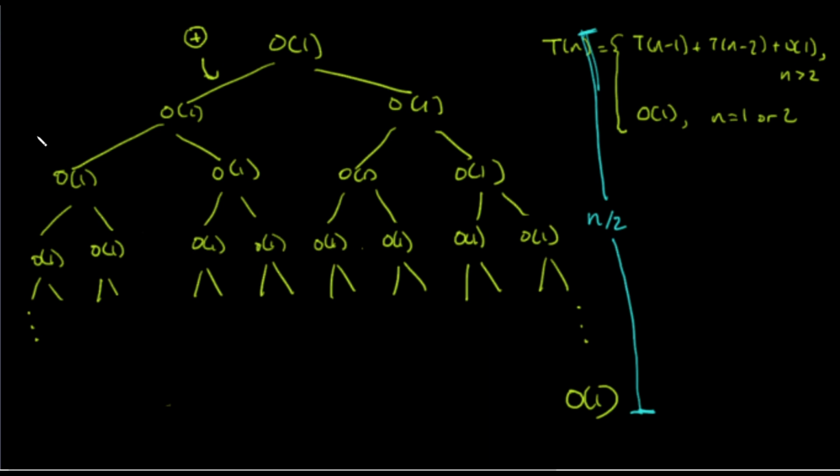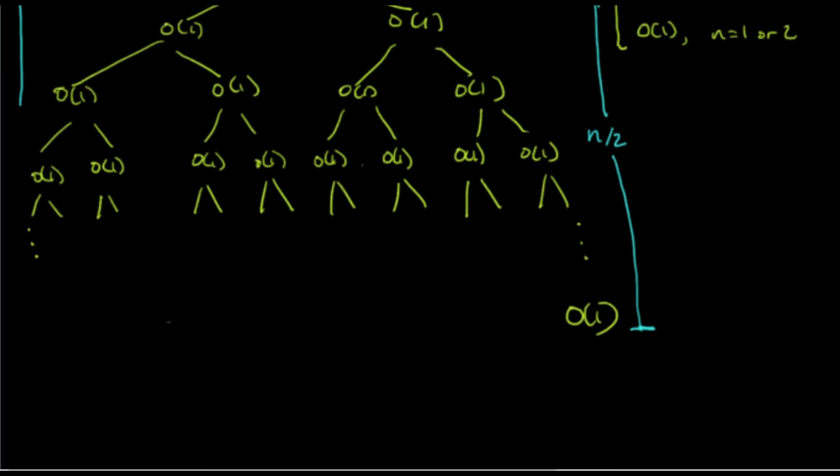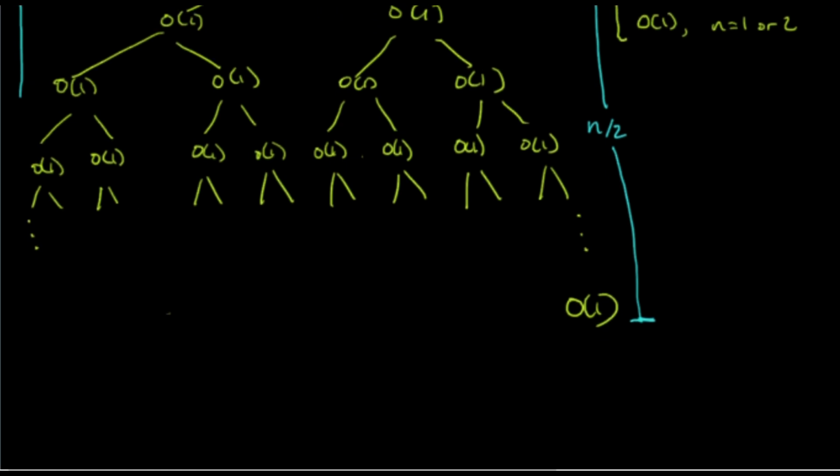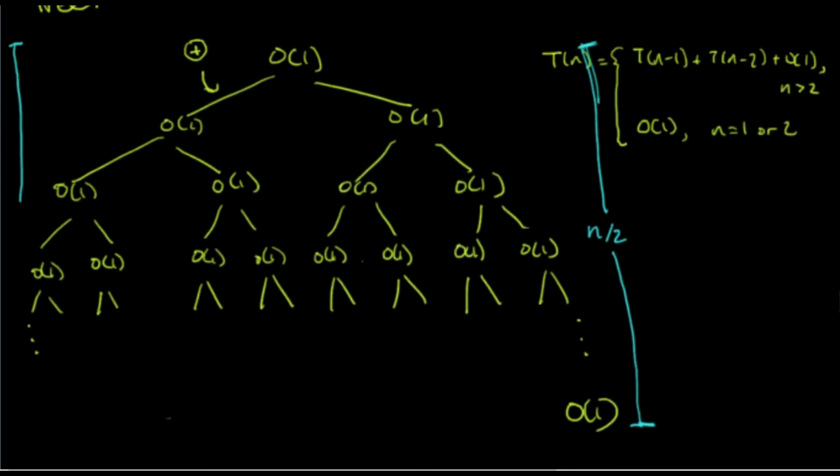And let's look at this leftmost extreme over here. This leftmost extreme corresponds with us always taking n minus 1. And so what is this height? At some point we're going to get O of 1. What you might notice is that if we subtract 1 each time, then it's going to take longer for us to hit this base case than if we subtracted 2 each time.